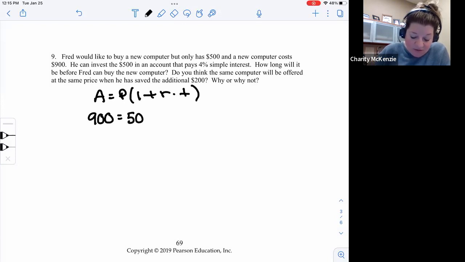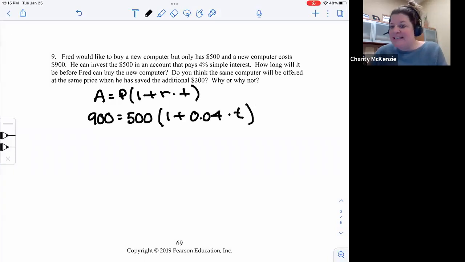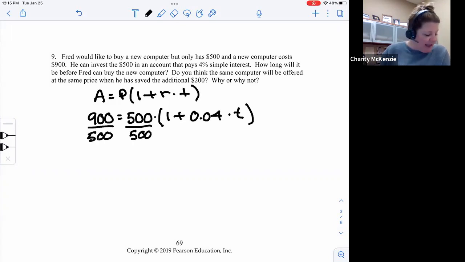And then 1 plus the rate, 4%, times, I don't know how long, so times t. Then we have to solve this one. This is a times here, so we start by dividing the 500 over first. 900 divided by 500 is 1.8.